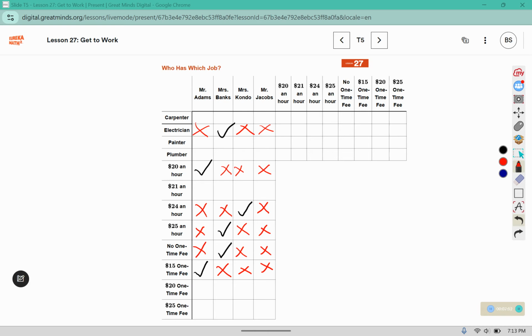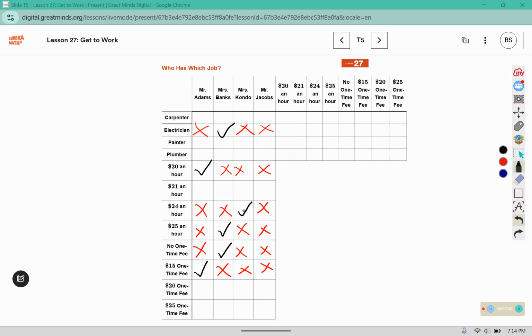Clue 5. The carpenter charges an hourly rate of $21 an hour and a one-time fee of $25. Well, Mrs. Banks charges $25 an hour. Mr. Adams, we don't have an hourly rate yet.